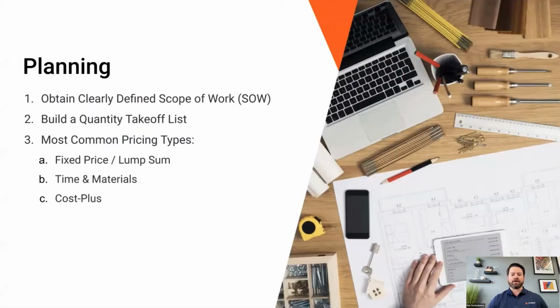Now, before we get into the actual pricing and the calculations, the number one thing I found is that when you're planning your jobs, it's extremely important that you're giving a very clearly defined scope of work. When you're building out those budgets, you have to know exactly what is going to go into that job.